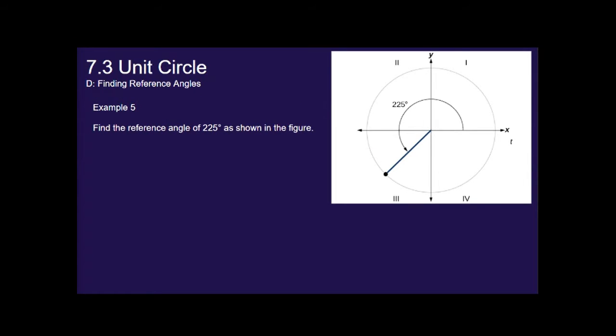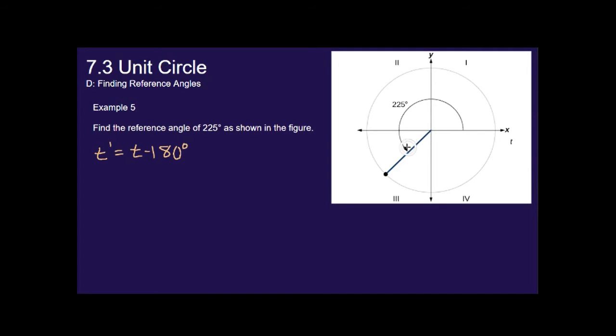Example 5. Find the reference angle of 225 degrees as shown in the figure. We can see we're working in quadrant 3, so to find the reference angle in quadrant 3, t prime is equal to t minus 180 degrees.